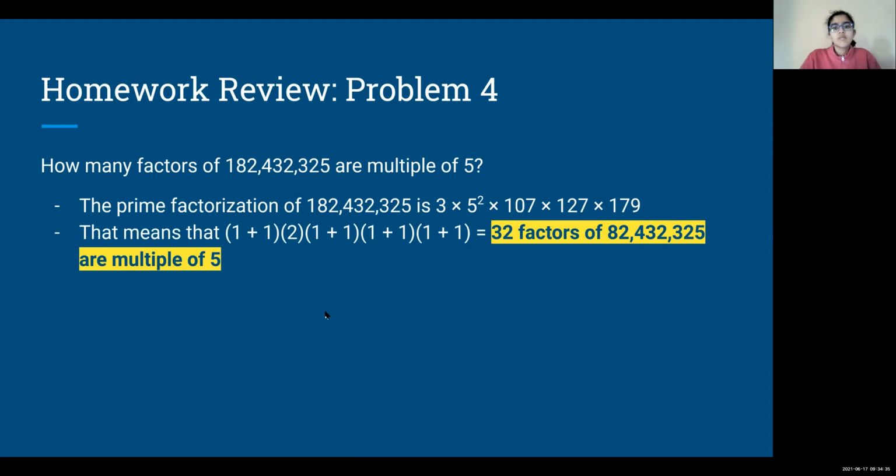So when we're trying to find the multiples of 5, we add 1 to each of the exponents, except for the exponent of 5. So we get 1 plus 1 times 2 times 1 plus 1 times 1 plus 1 times 1 plus 1, and that is equal to 32. So 32 factors of this number are multiples of 5.